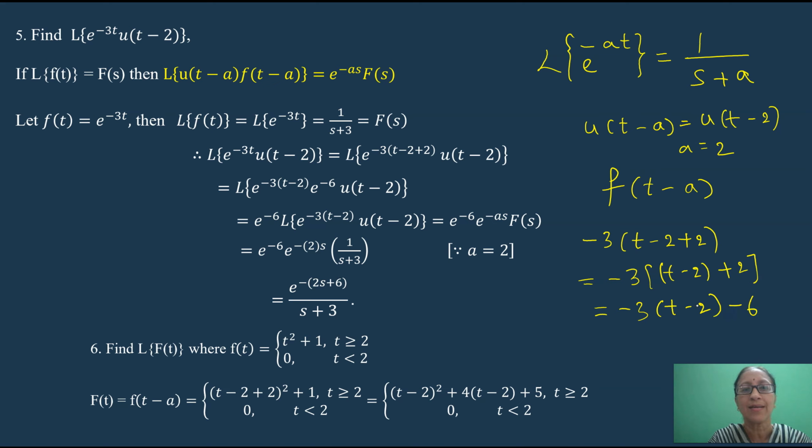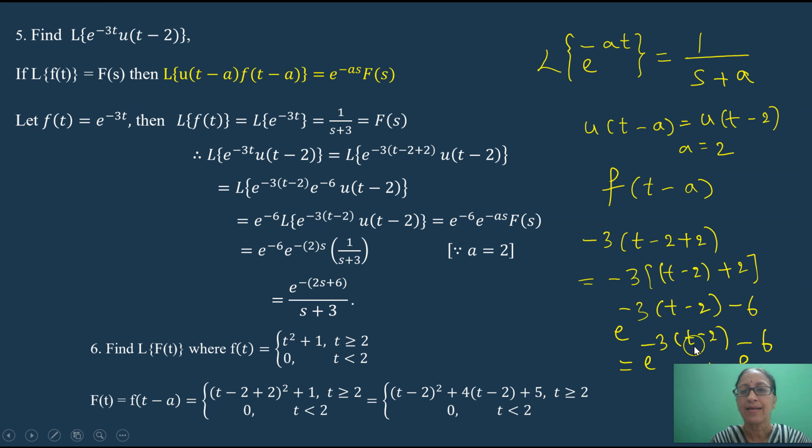Okay, so here we get e power minus 3 into t minus 2 minus 6. Now you can split it, because if you have this expression in the power, then this can be written as e power minus 3 into t minus 2 into e power minus 6. You can split this in this way.